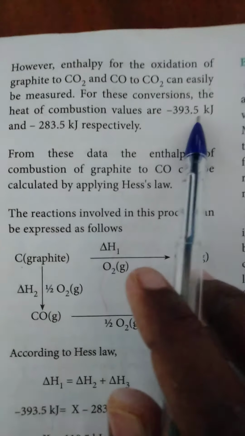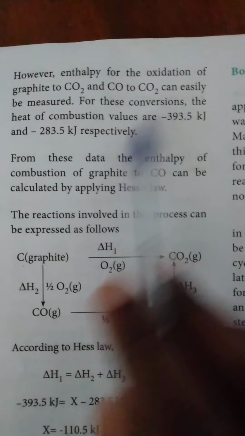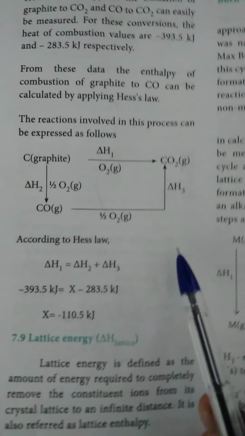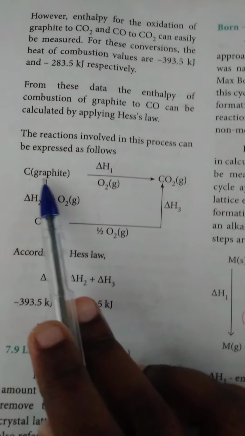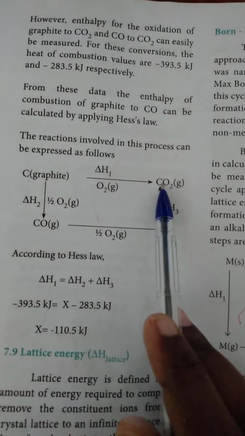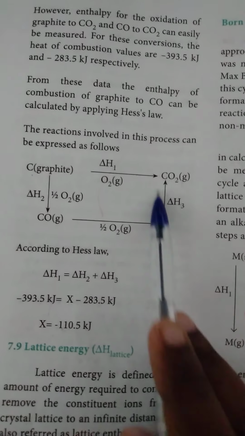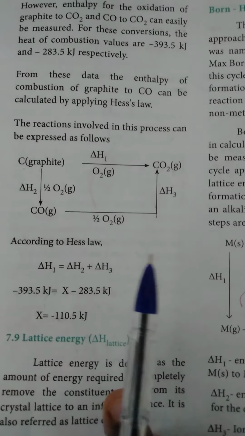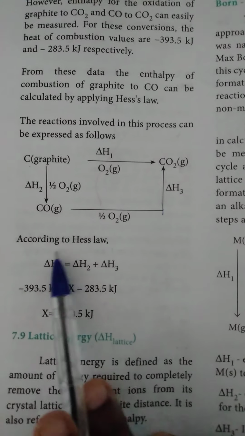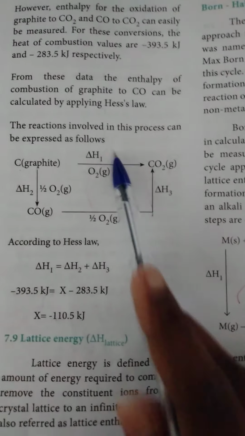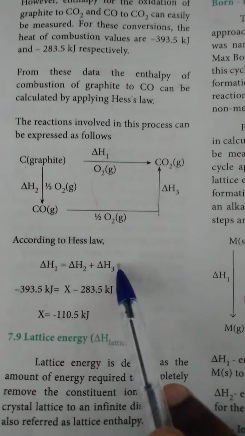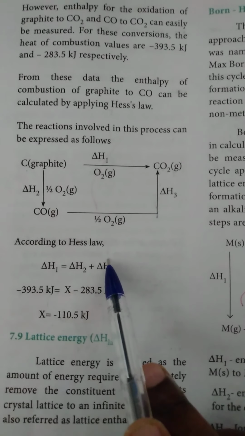You can write this reaction: carbon graphite to carbon dioxide, then carbon to carbon monoxide to carbon dioxide. From this you can write Hess's law: delta H1 is equal to delta H2 plus delta H3.